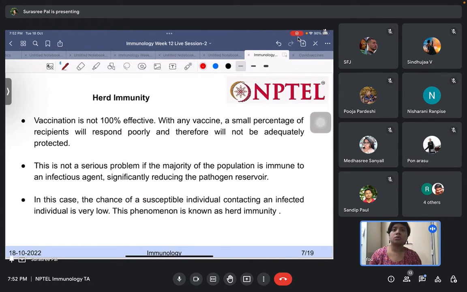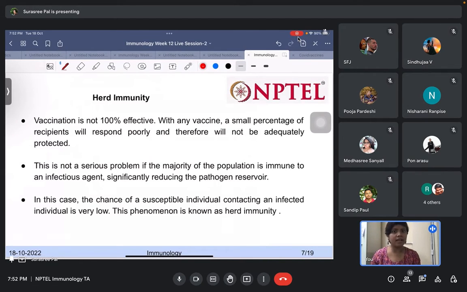If they are immune, they will not cause the disease, and if these 95 people do not cause the disease, they will prevent the spreading of this disease as well, right?